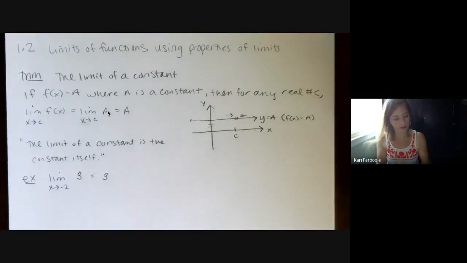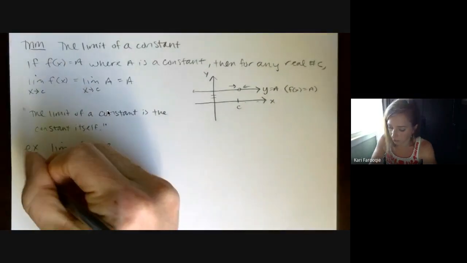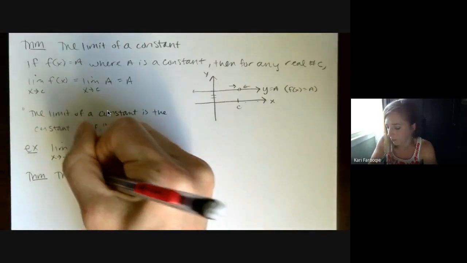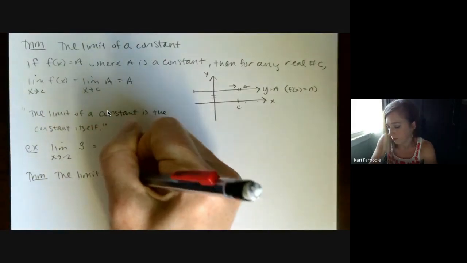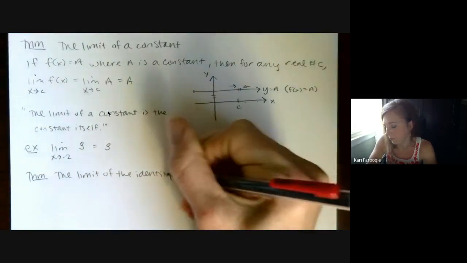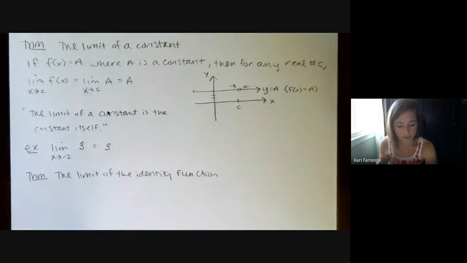Okay. The next theorem is the limit of the identity function. If you don't remember the identity function, it's y equals x.